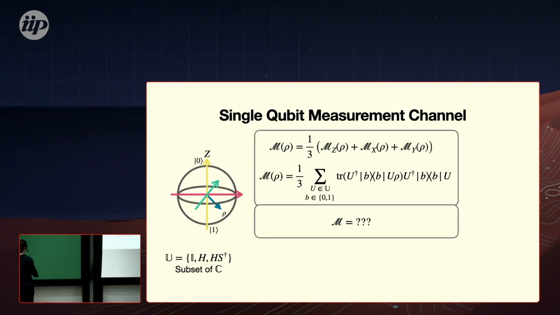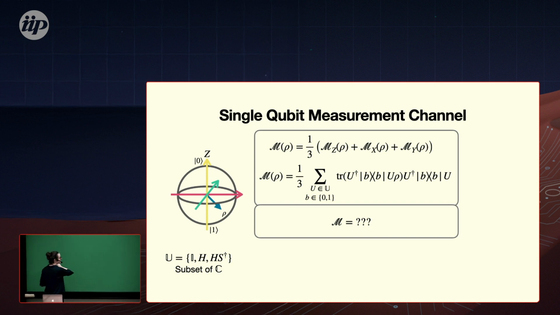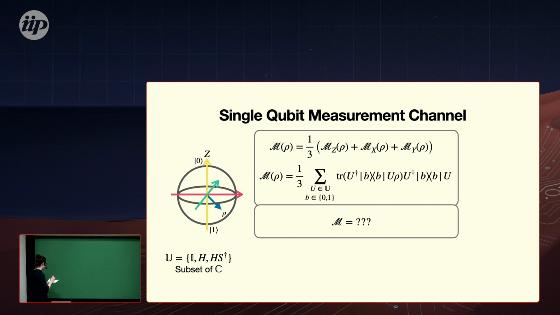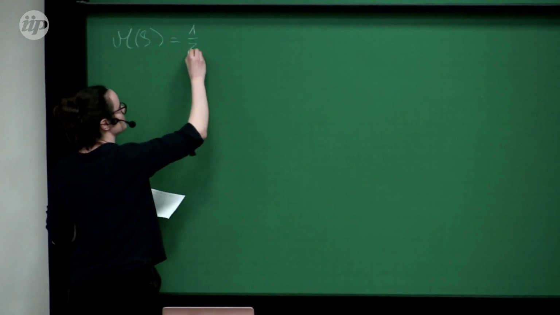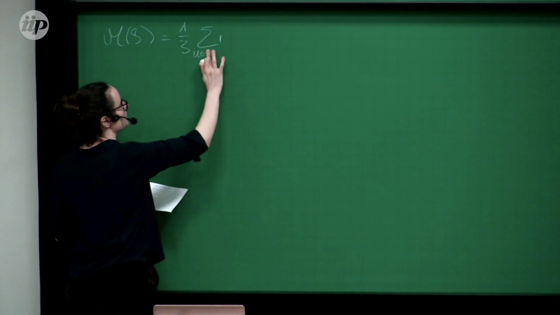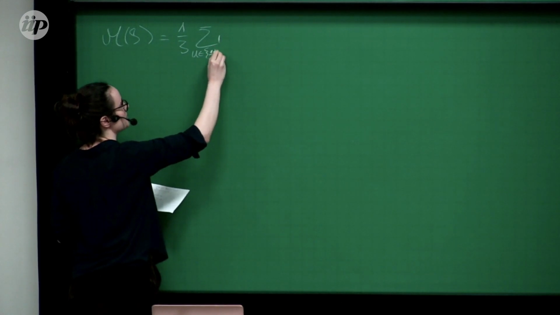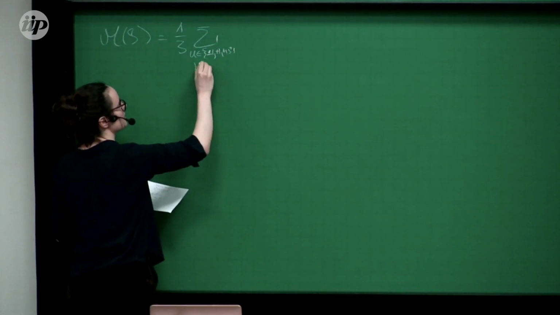All right, so now we look at the measurement channel and see that it's actually a very easy channel. And I will write now on this board here, and try to write a bit smaller, and tell me if I write too small, because I need a bit more space now. So I will just copy this equation here. Sum over our U, which is either identity, Hadamard, or Hadamard S dagger, and then our bits.